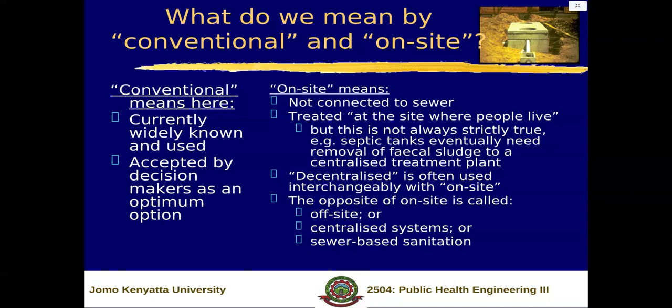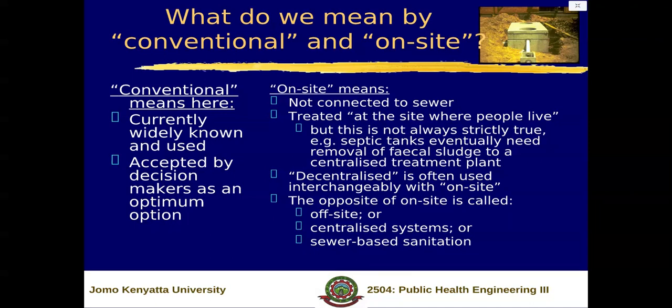But when we talk about on-site, we mean that it is not connected to a centralized sewer system. Secondly, unlike the centralized system, where we transfer waste from the point of source to the point of treatment, in the case of decentralized or on-site wastewater treatment, the water is treated, very important, at or near the point of production.